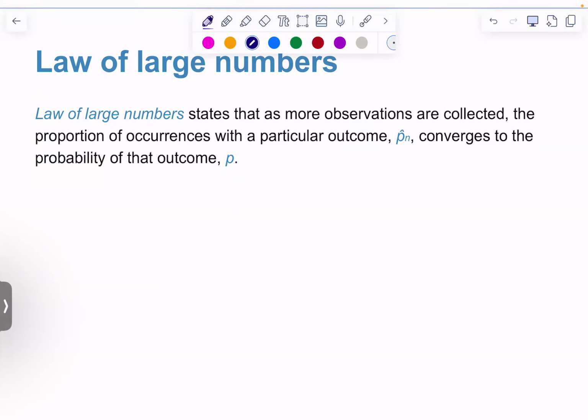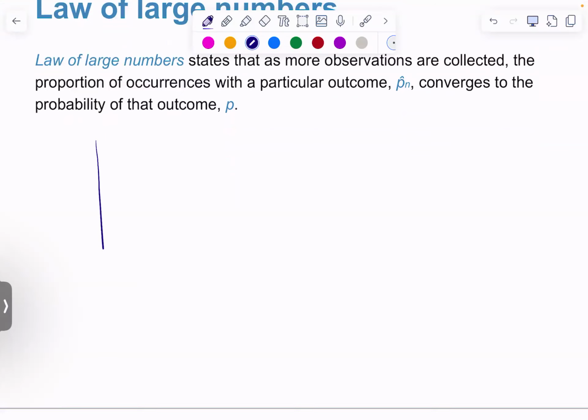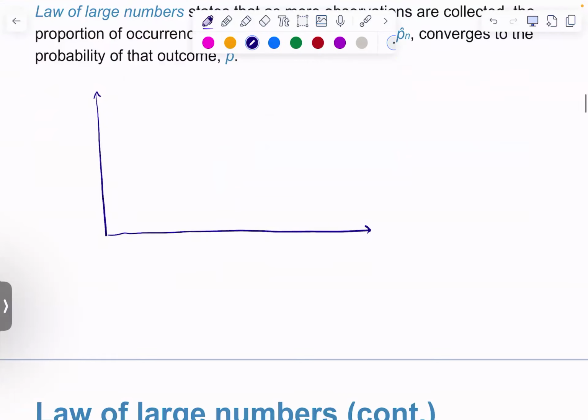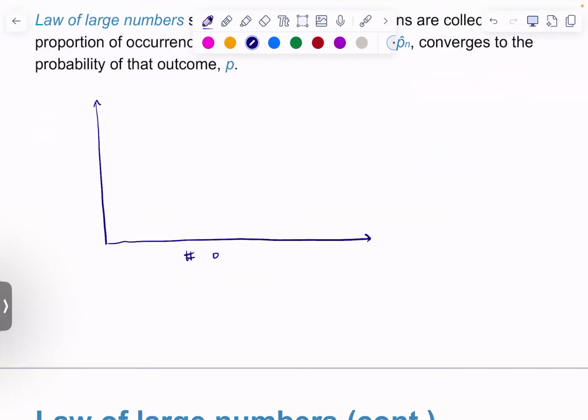So this law of large numbers says that if I draw a graph of the number of coin flips, let's say 10 is here, right? So I start with 1 coin flip. Here's 5, and so on. Let's put 100 out here, and let's put 1,000 out here.